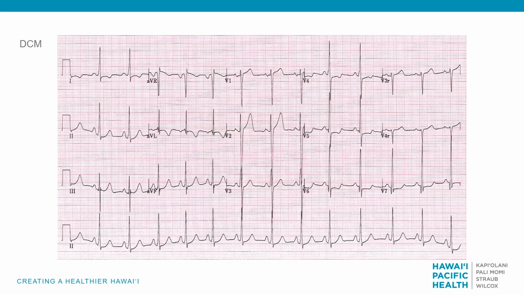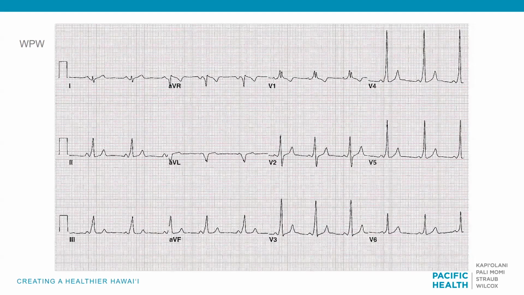So again, just examples of how important the EKG is in syncope evaluation. There is another EKG here that potentially can cause a cardiac origin of syncope and either sudden cardiac death, which is Wolff-Parkinson-White syndrome. That's again an EKG diagnosis.